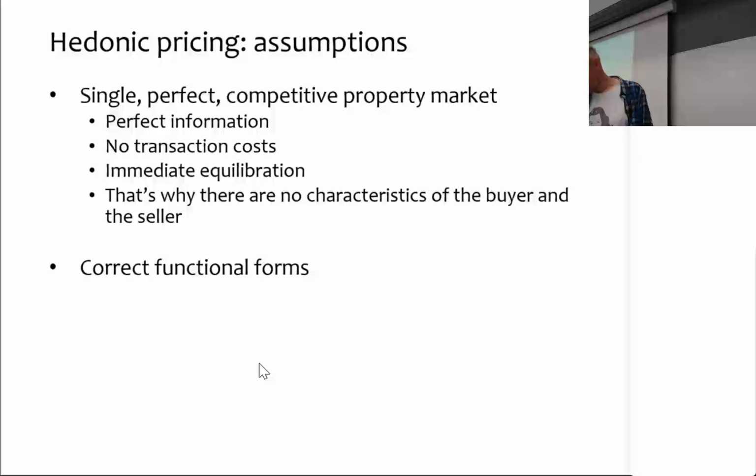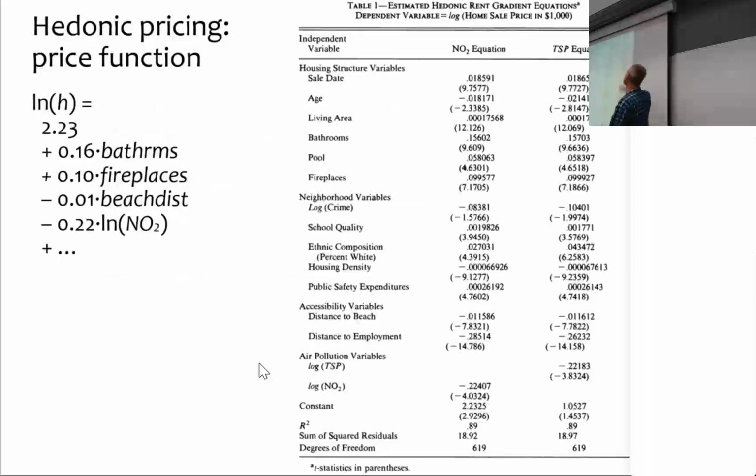Sometimes people ask and say, well, this is the list of regressors that you have, but there's nothing about the buyer and there's nothing about the seller. Why is that not included in your regression? And the answer is because we assume that the market has cleared, right?